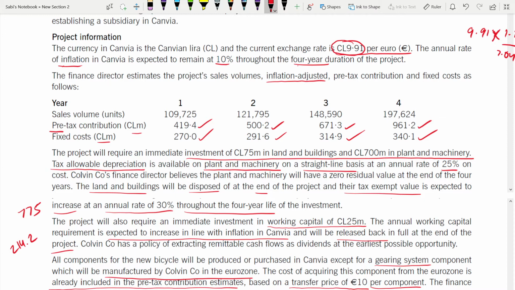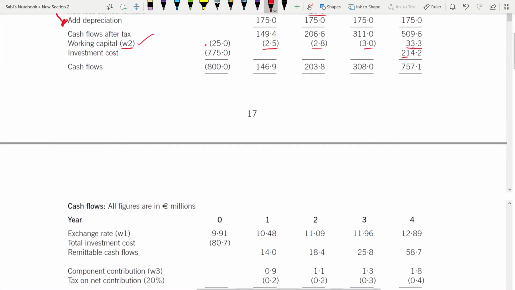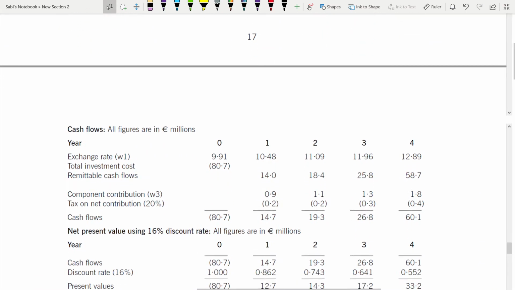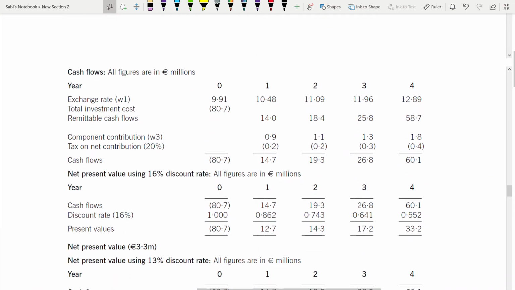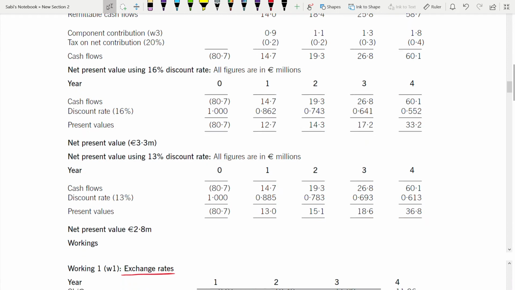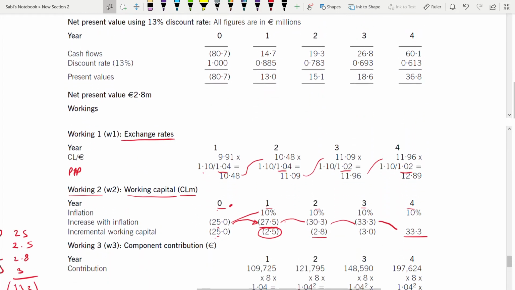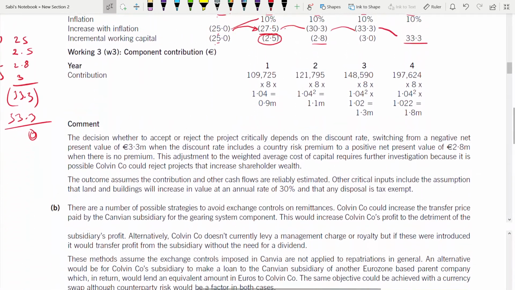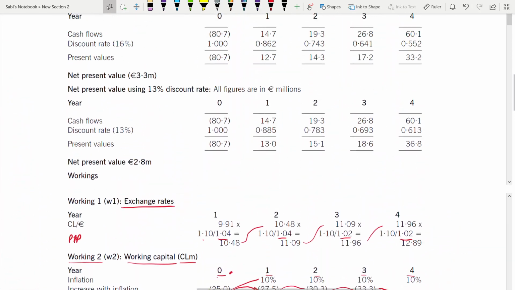What does it mean? Since there is no working for this, we'll see whether there's any working or not for the investment cost. No, there is no working for it. Then how did you get 214.2?